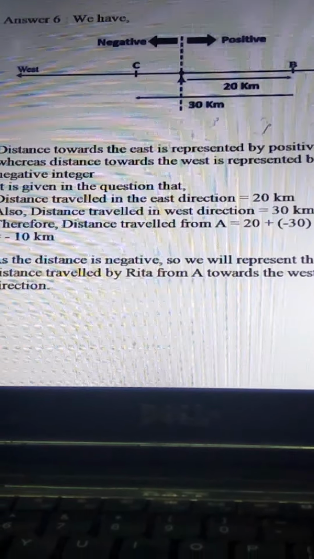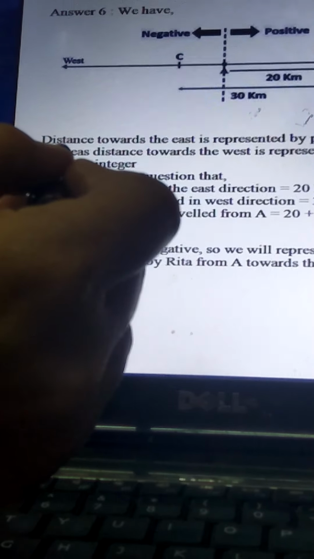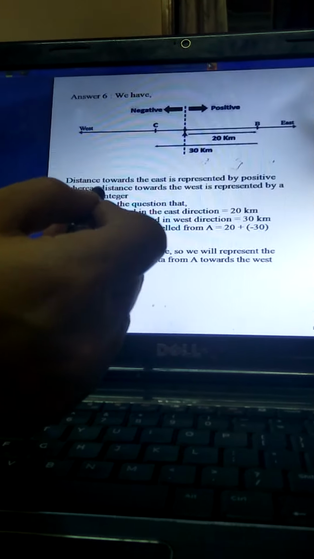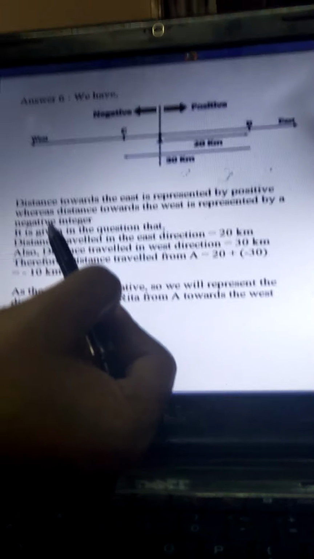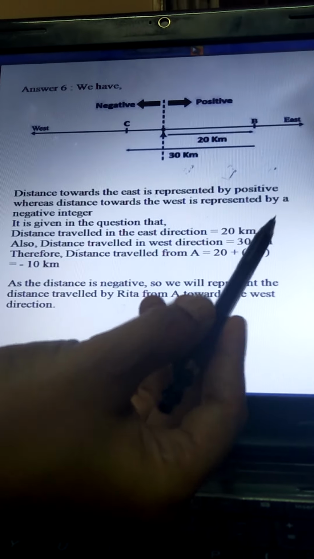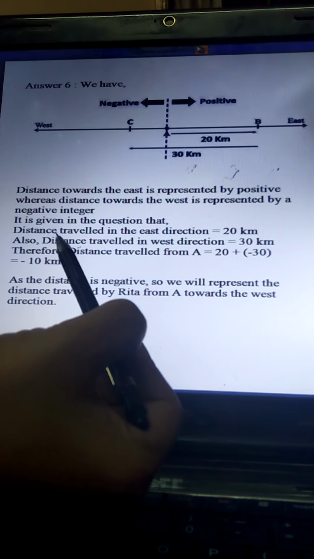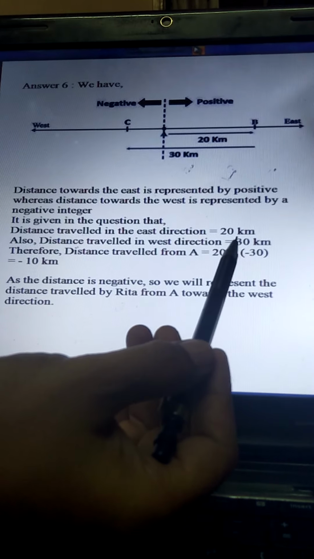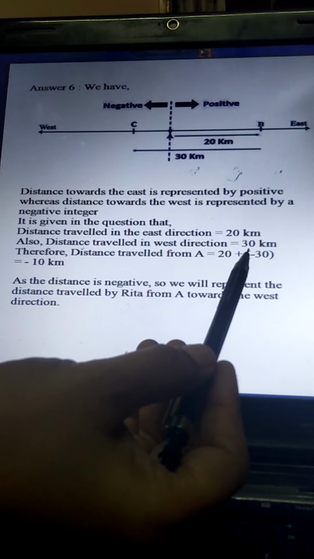So first of all, let us answer the first question: if the distance towards east is represented by positive integers, then how will you represent the distance traveled towards west? So the distance traveled towards the east is represented by positive integers, so the distance traveled towards the west will be represented by a negative integer. It is given in the question that the distance traveled in the east direction is 20 kilometers and the distance traveled in the west direction is 30 kilometers.